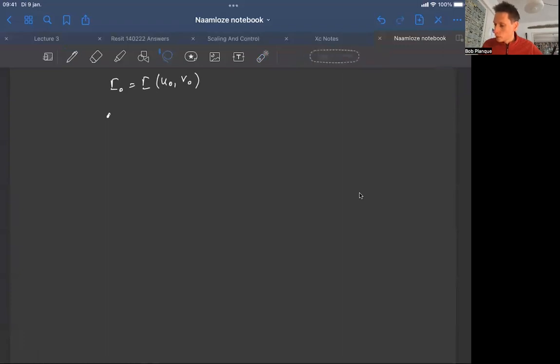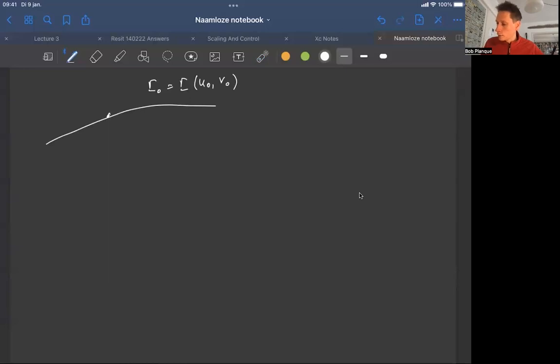Then through it, I can vary u and v in the surface, and this gives me these curved lines. This line here could be r where I keep u fixed at u0 but vary v. And this other line is the line where I keep v0 fixed but vary u.